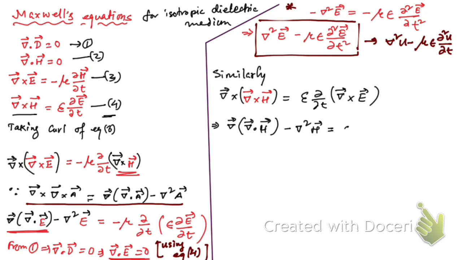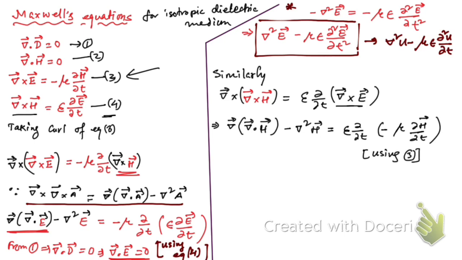So epsilon del t, instead of curl of E, we're gonna put this result, equation number 3, that's gonna be minus mu del H by del t. So here we have used equation number 3.